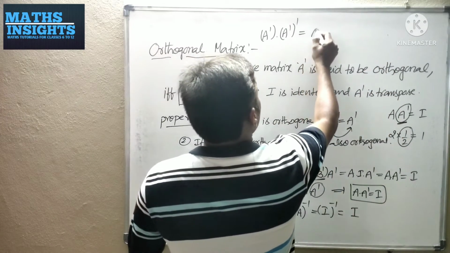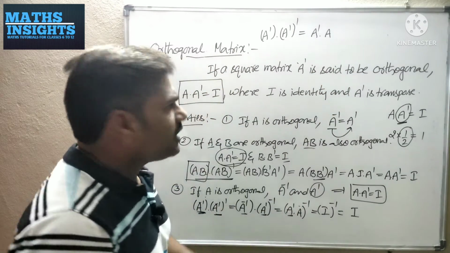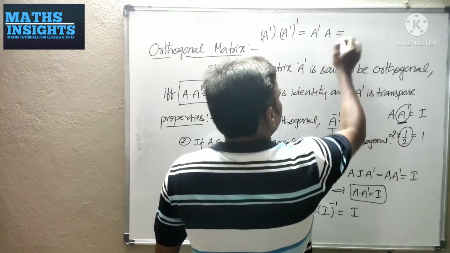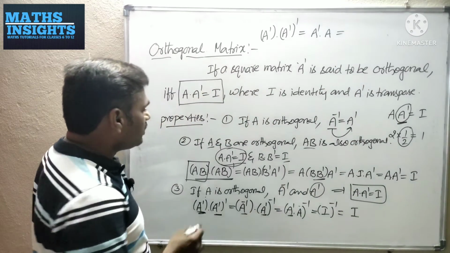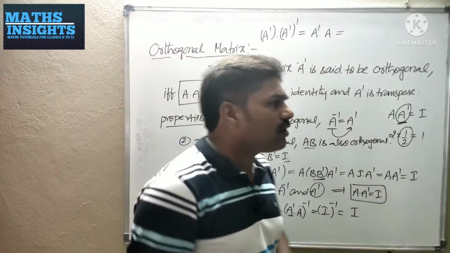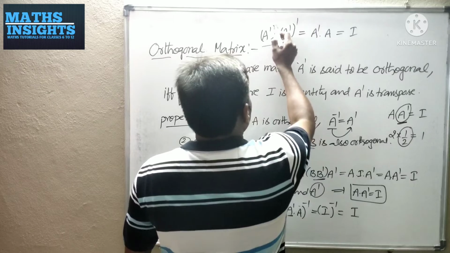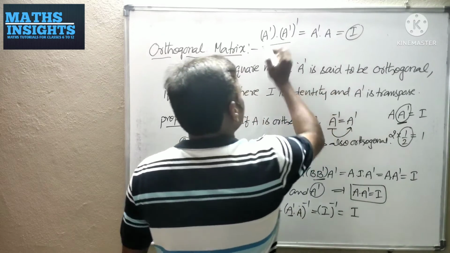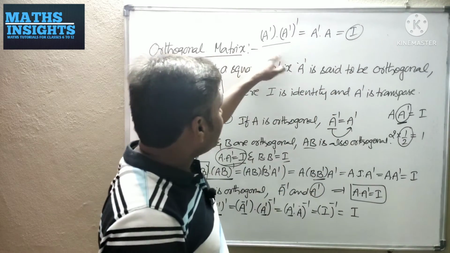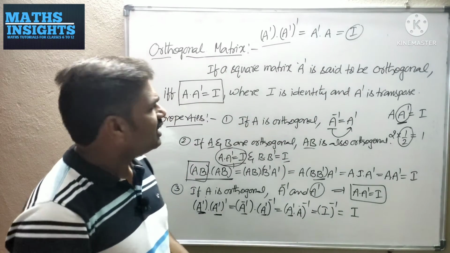That is equal to A dash into, A dash whole dash is equal to A again. So since A is an orthogonal matrix, A into A dash or A dash into A, both are equal. Therefore that is equal to the identity matrix. Again you are getting the identity matrix if you multiply A dash with its transpose. Therefore A dash is also an orthogonal matrix.